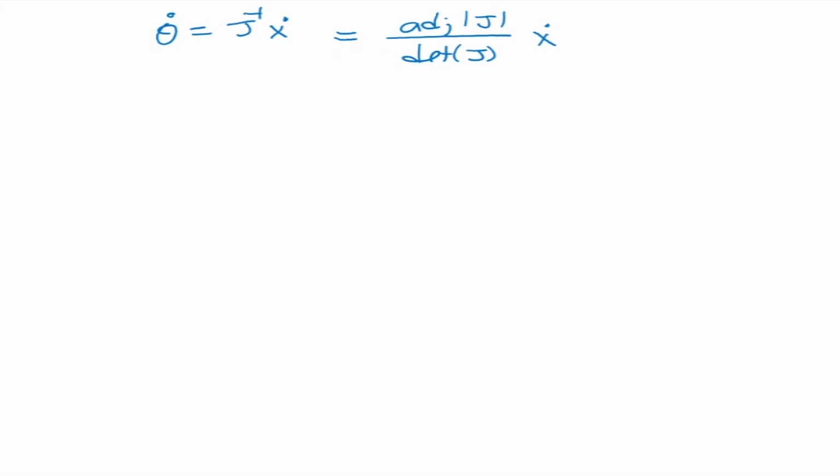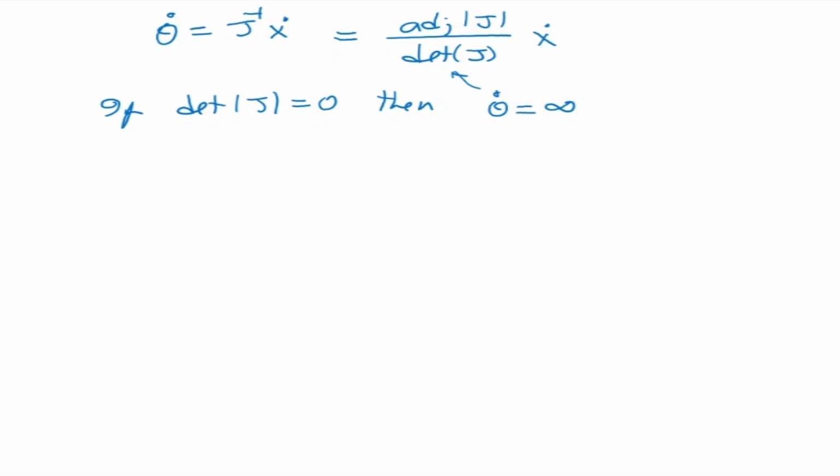Please note that the determinant of J comes in the denominator, which means that if the determinant of J were to become 0, then what is going to happen? This will become infinity. As the determinant of J goes towards 0, the joint velocity goes towards infinity.